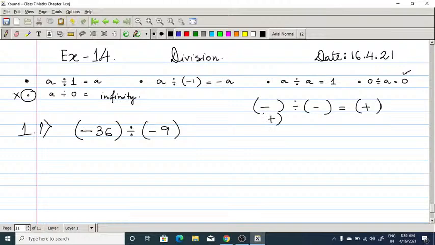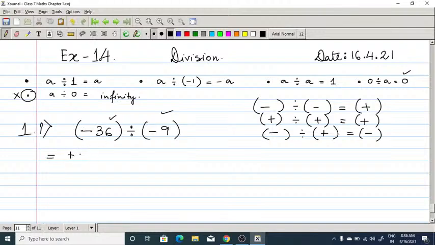Again, a positive number divided by a positive number is also positive. Only when one of them, either the dividend or the divisor, is negative and the other is positive, then the answer is negative. Since both of them are of the same sign, the answer will be positive.